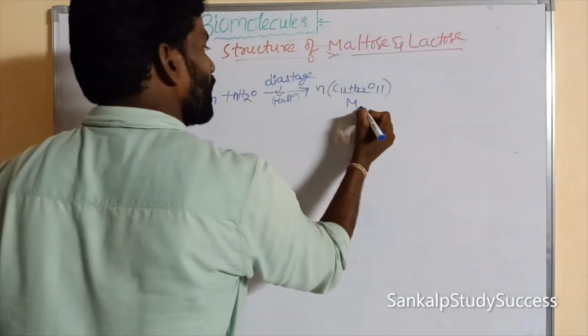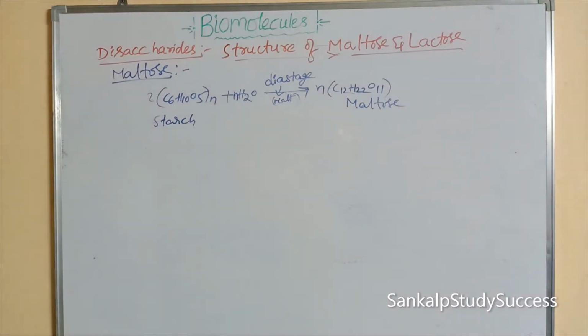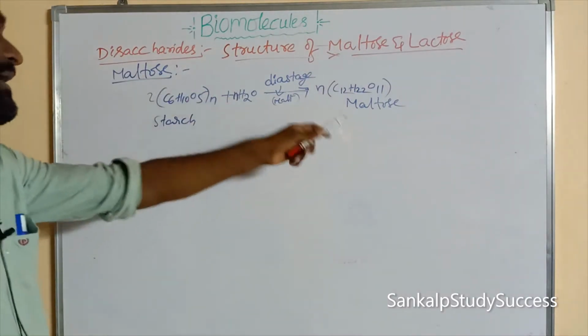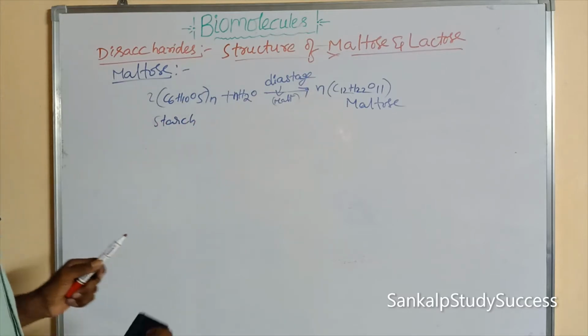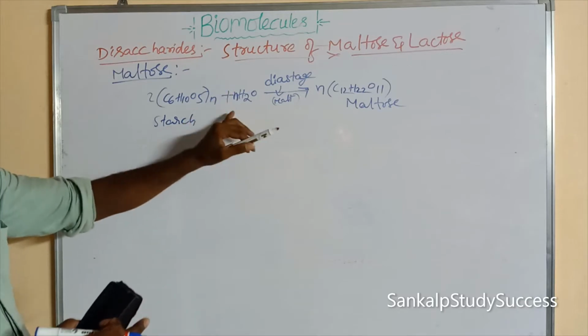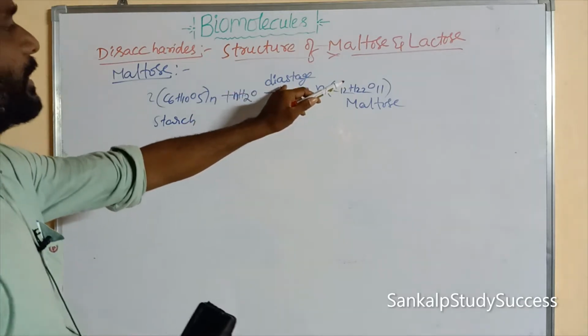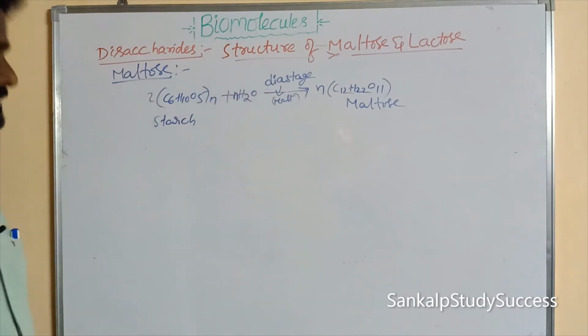So this is maltose. Maltose is obtained from starch by the hydrolysis process carried out in the presence of diastase, produced from malt.